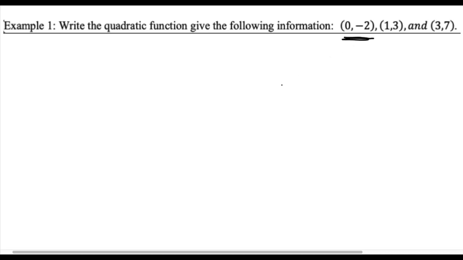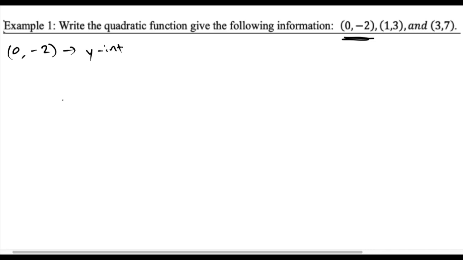Now, why is this special? When the x-value is equal to 0 and there's a value for y, this means that this coordinate is a y-intercept. So we know that (0, -2) is actually the y-intercept.